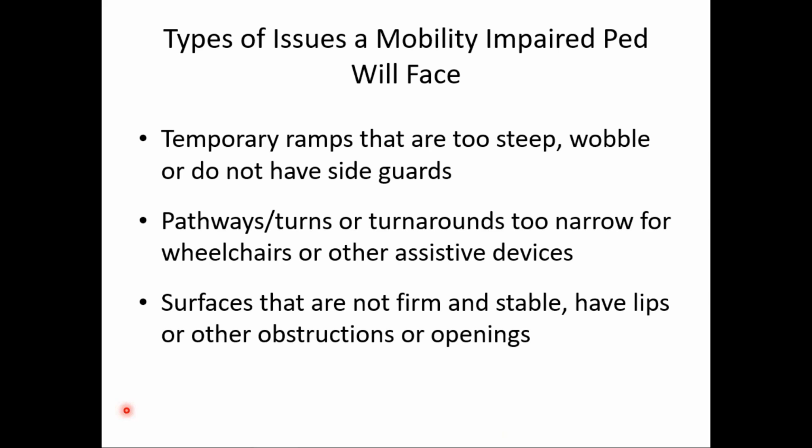The landing or the turning area may not be wide enough for their device, so they may not be able to turn. And the surfaces may not be firm and stable, or there may be lips, like I mentioned at the base of that curb ramp I showed earlier. Those things are all barriers to movement for people with mobility impairments or using assistive devices.